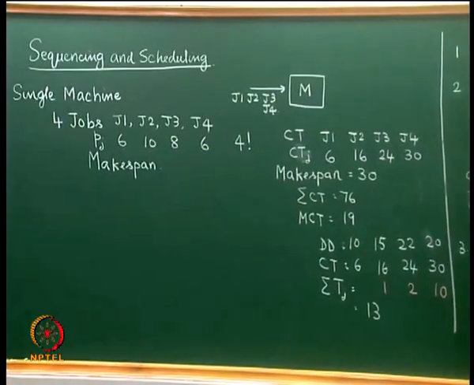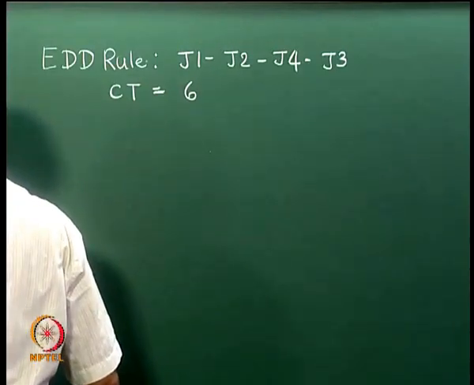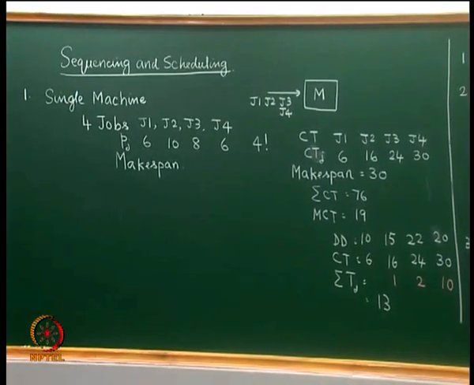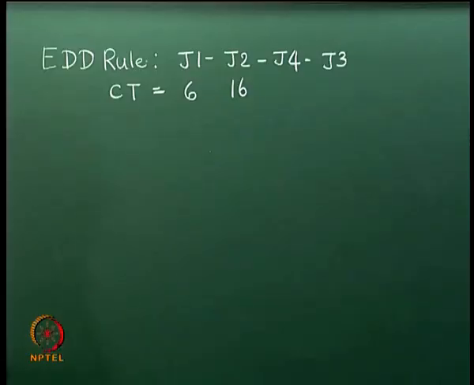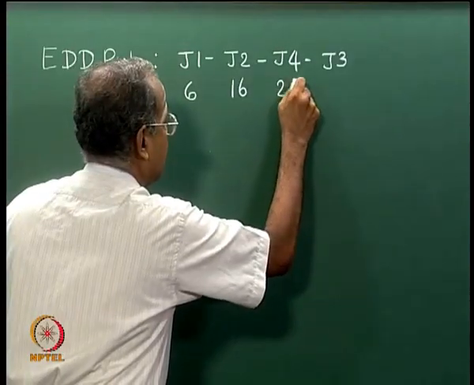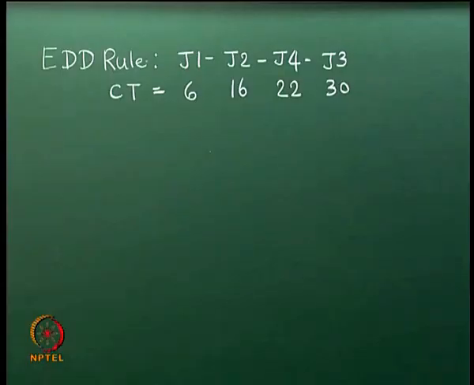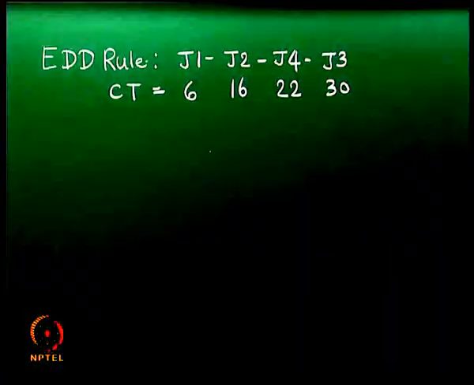Now the moment we find out this order, the completion times are: J1 starts at time equal to 0 and finishes at time equal to 6, J2 starts at time equal to 6, finishes at time equal to 16, J4 starts at 16 and finishes at 22 and J3 finishes at 30. The last of the jobs always finishes at the make span.